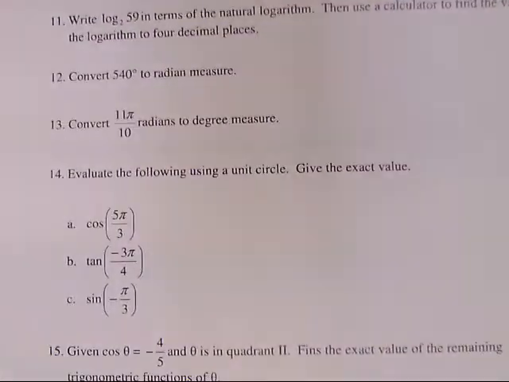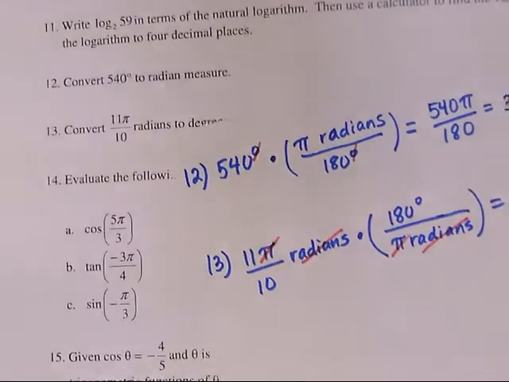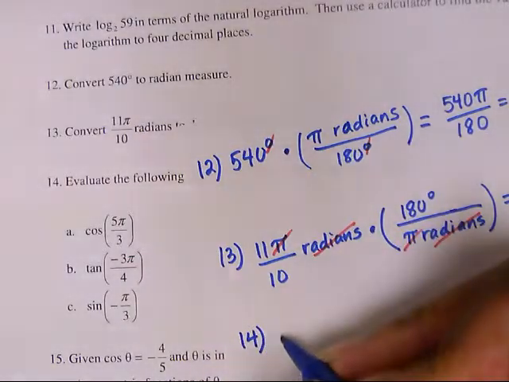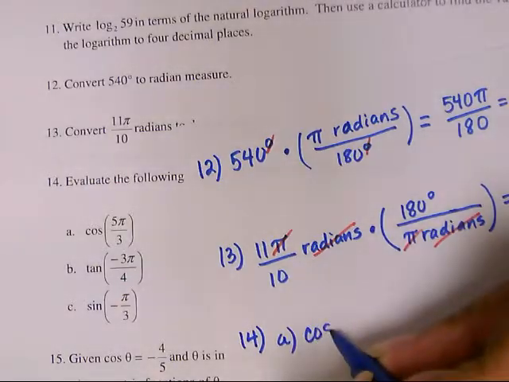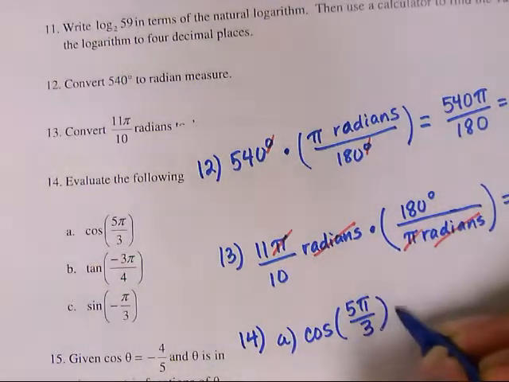Now, problem number 14 is to evaluate using a unit circle and give the exact value. Okay? And you will have the unit circle on your help sheet. So in problem number 14, we got the cosine of 5 pi over 3.